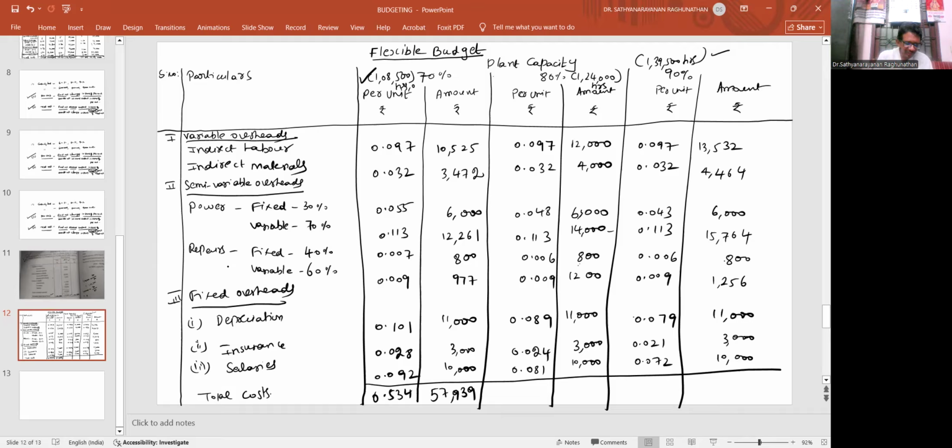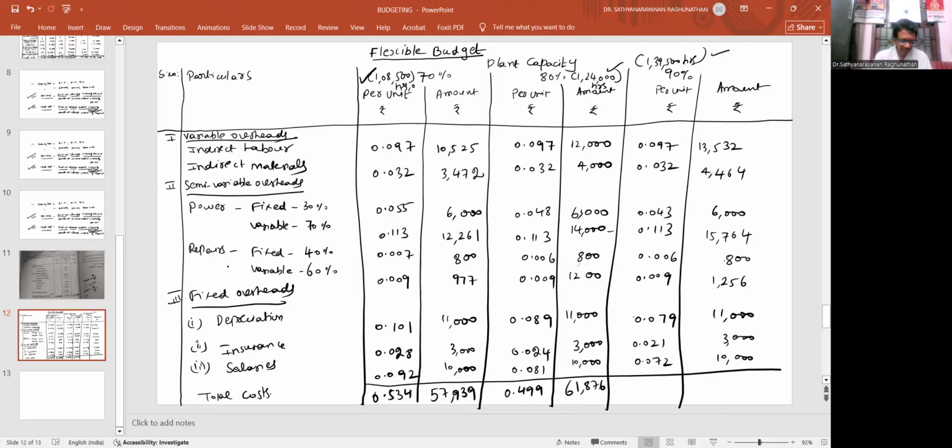Okay. Now, total the per unit column for 80% capacity: 0.097 plus 0.032 plus 0.048 plus 0.113 plus 0.006 plus 0.009 plus 0.089 plus 0.081. 0.499 into this 1,24,000, 61,876.